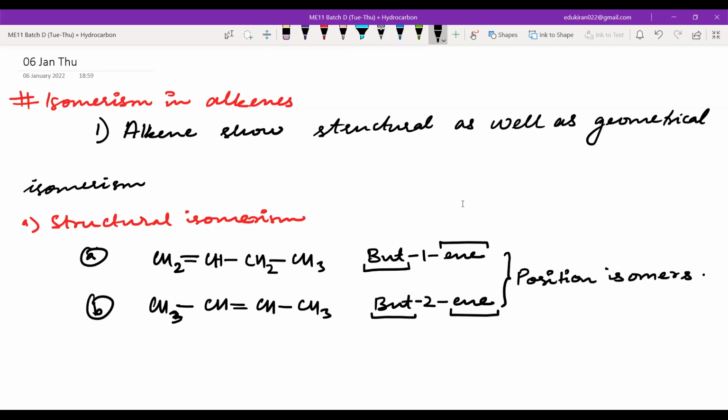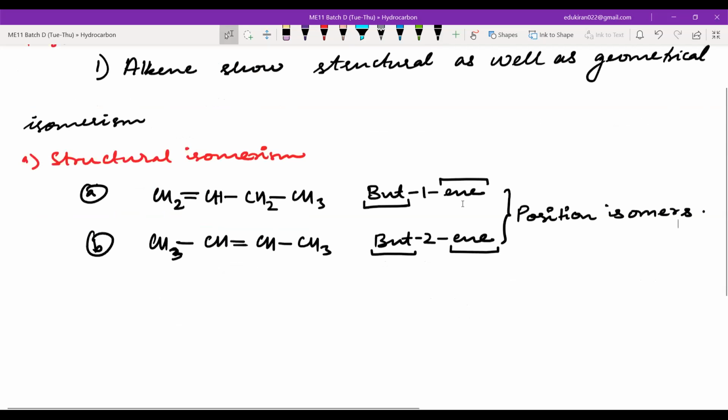Now, after 4, you can have another structures also, which will be giving you some type of isomerism. If I talk about another structure, if you have CH2 with a double bond carbon, and this carbon is attached to CH3, and again here CH3. You can see that for all of them, the molecular formula is going to be same, that is C4H8. If you count the number of carbon atoms and the hydrogen, it will be always C4H8.